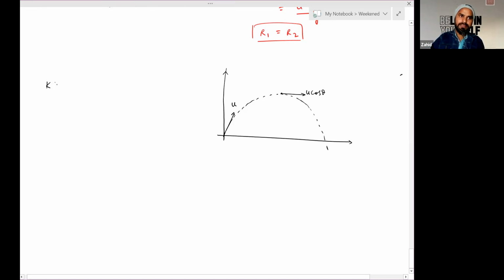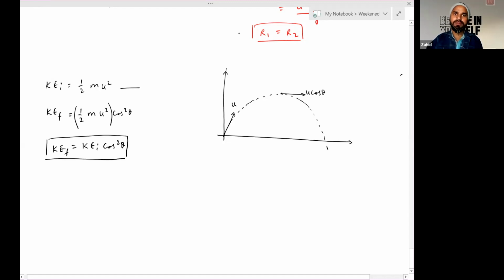So kinetic energy initial would be half m u square. Kinetic energy final at its highest point will be half m, and velocity is u cos theta, so it will become half m u square cos square theta. Now this whole term is nothing but kinetic energy initial, so we may write kinetic energy initial times cos square theta equals kinetic energy final.